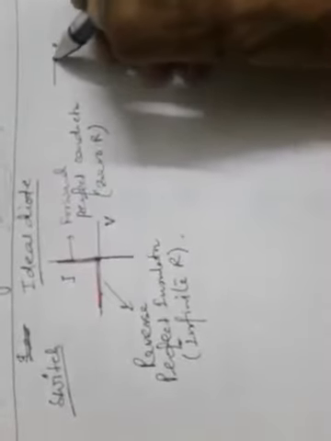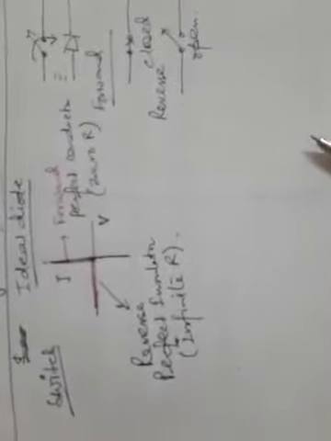If we want to draw the equivalent circuit for these two cases of forward conduction and reverse conduction, it should look like this. This is the representation of diode as equivalent circuit, which is acting as a switch.